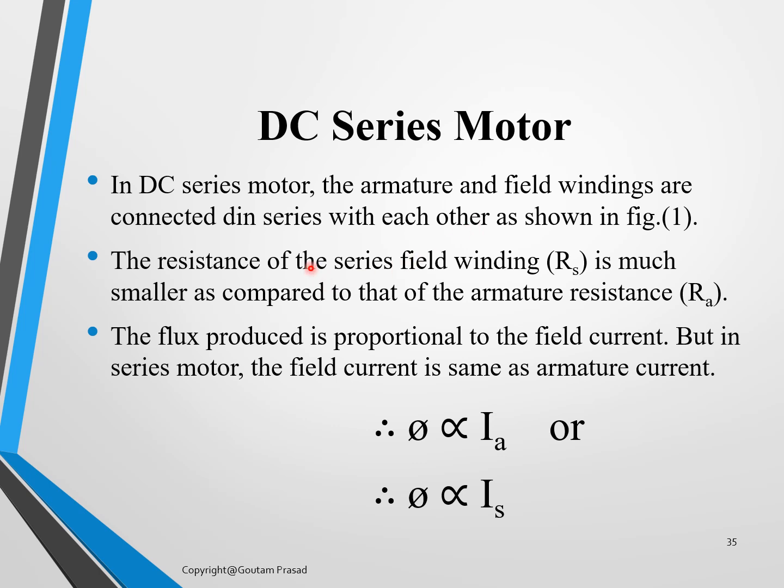And the resistance of the series winding is much smaller as compared to that of the armature winding, and the flux produced is proportional to the field current.